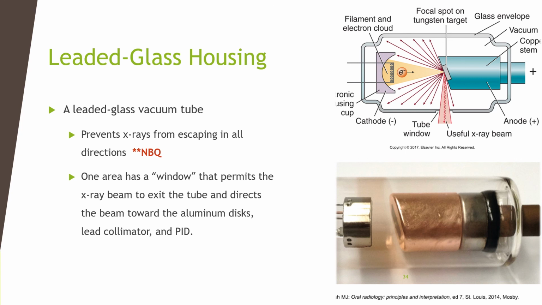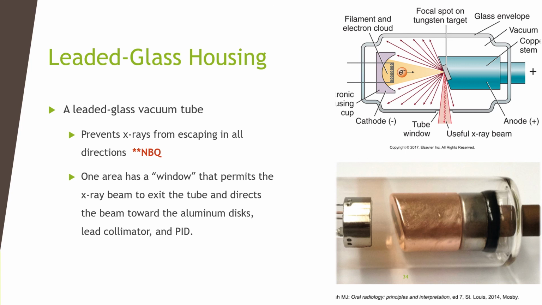All of the other X-rays that are created, those that scatter and go out in other directions, the ones we don't want to go anywhere, actually hit the glass, and because it's leaded, they don't get to escape. So that tube prevents them from escaping.